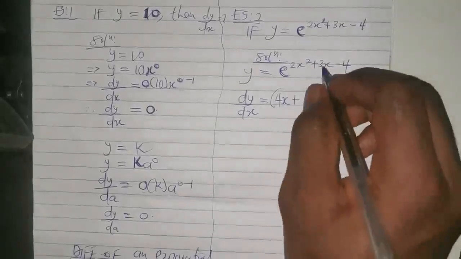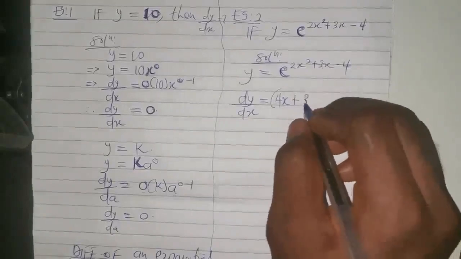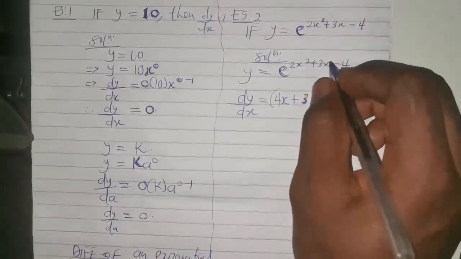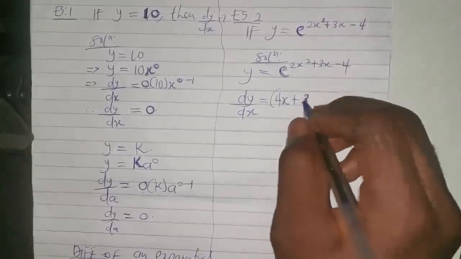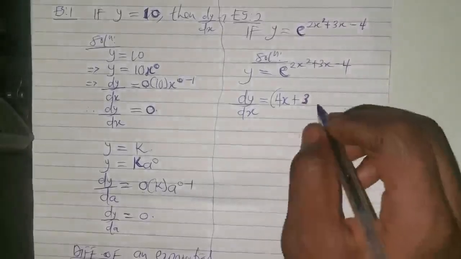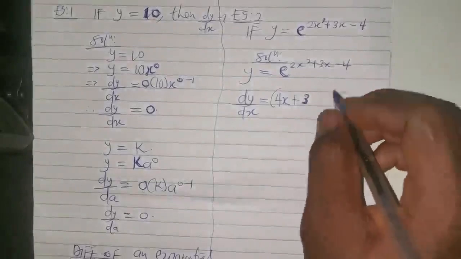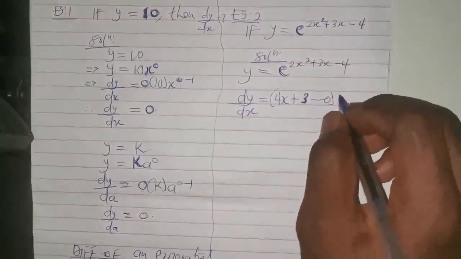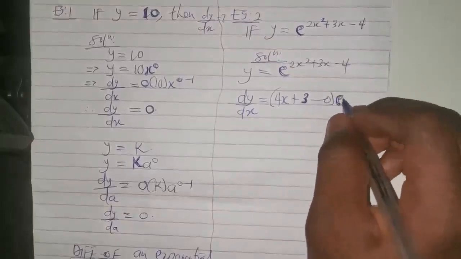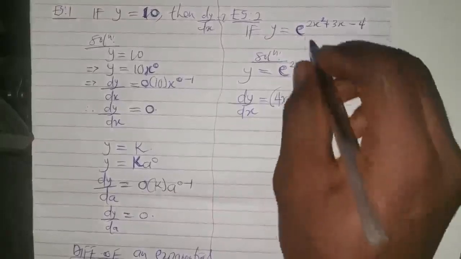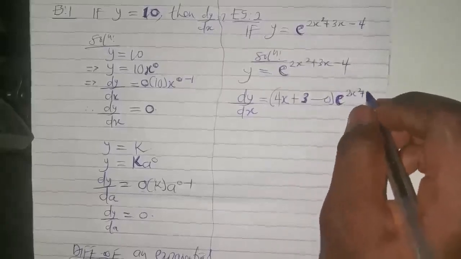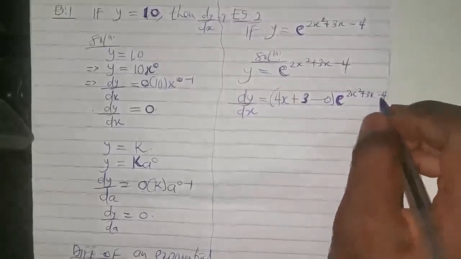Plus, when I differentiate 3x, I'm getting 3, because the exponent is 1, so I multiply by the 3, then I subtract 1 from the exponent, I get 0, and a number raised to power 0 is 1. So I get 3. Then if I differentiate the constant, I'll get 0, so minus 0. Then I'll multiply by the e again, then I repeat the same function that was given in the question. So it becomes 2x squared plus 3x minus 4.